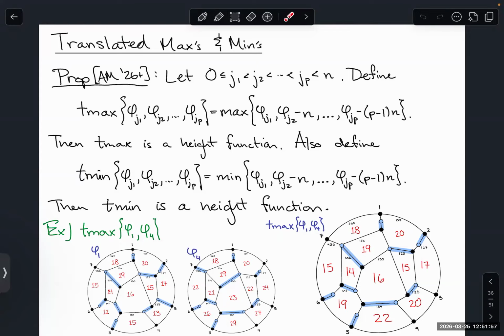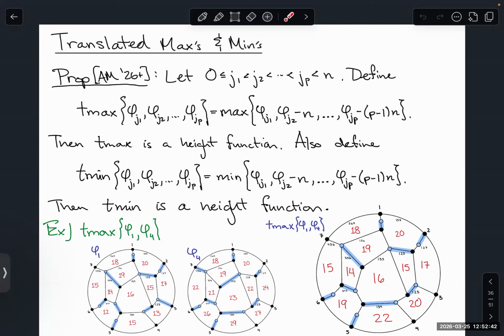You can notice more or less what this is saying in our example: as long as the heights of phi4 are no more than 7 of the heights of phi1, we end up using the height from phi1. But here, for example, we have 27 that we're comparing with 13, and so we end up getting 27 minus 7, 20, coming from phi4.